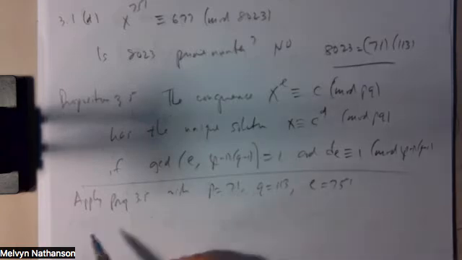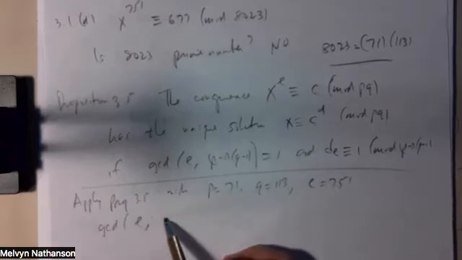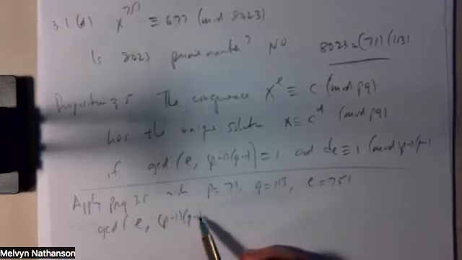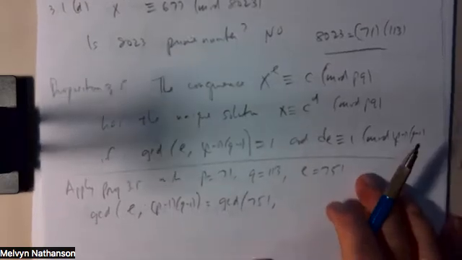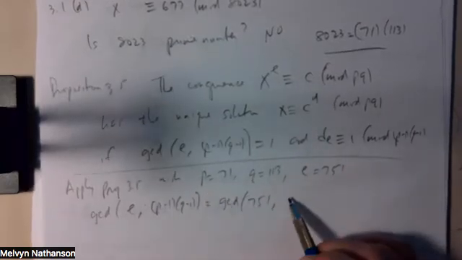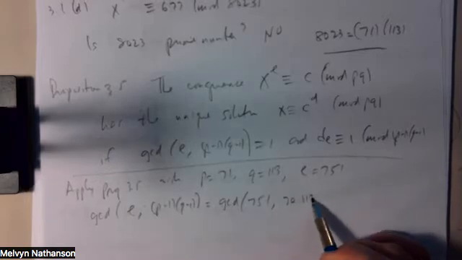The first question is, what is the GCD of e and (p minus 1)(q minus 1)? That's the greatest common divisor of 751 and the product of these two numbers, 70 times 112.